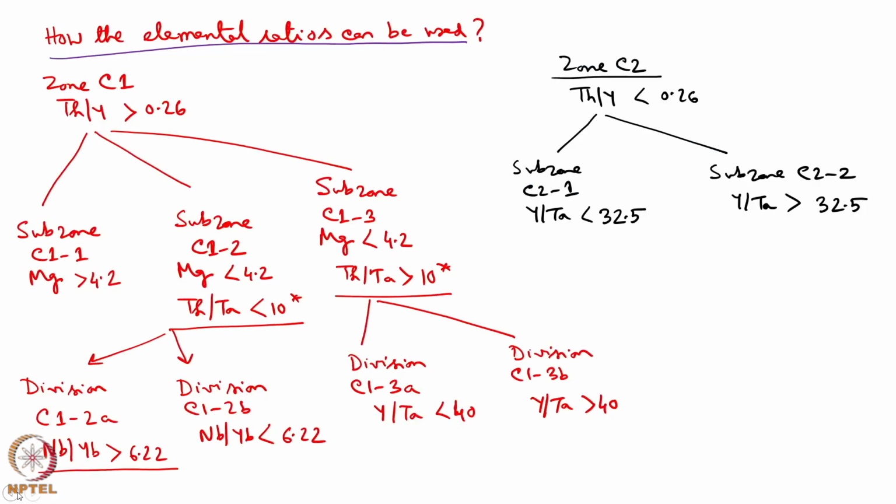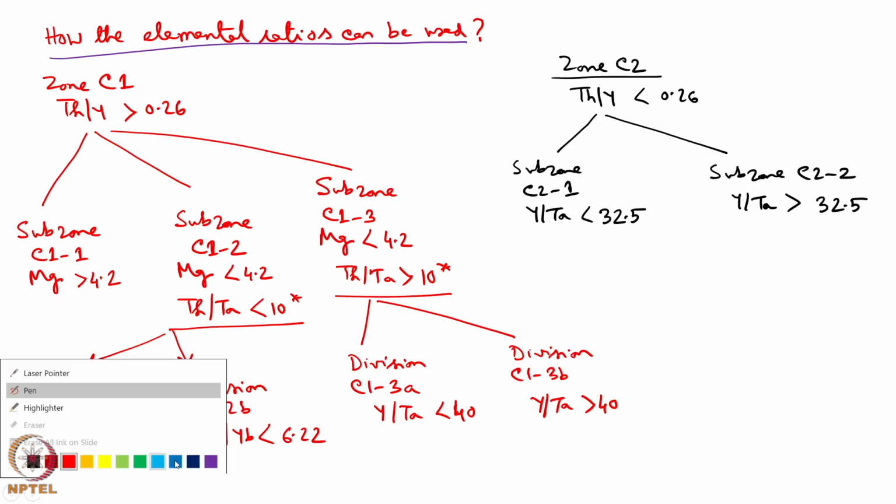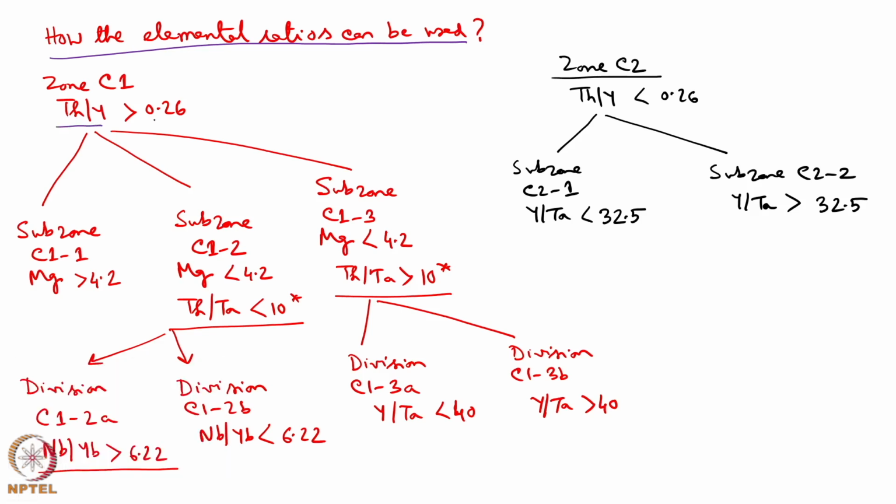How the different elemental ratios can be used to define the different zones or the chemozones and their divisions, I am going to explain. Consider we are finding a portion of the rock where the Th divided by Y ratio exceeds 0.26, and we can see other portions of the rock where the ratio is less than 0.26.